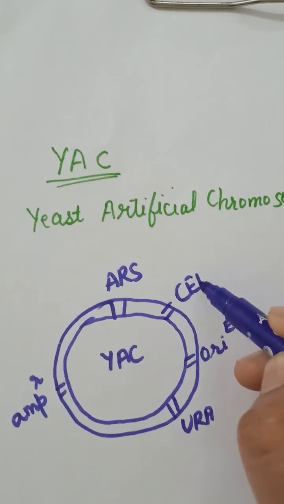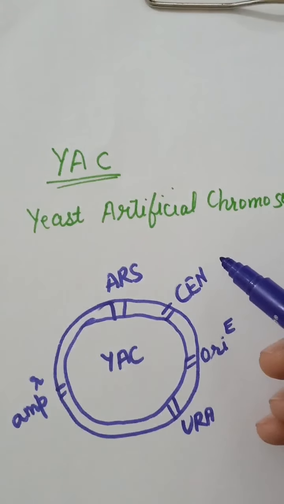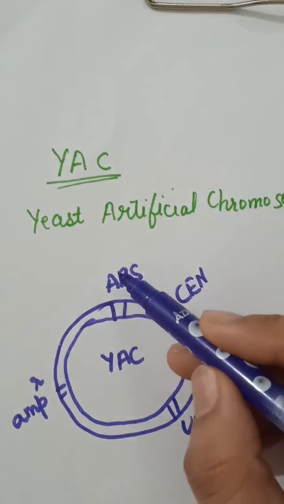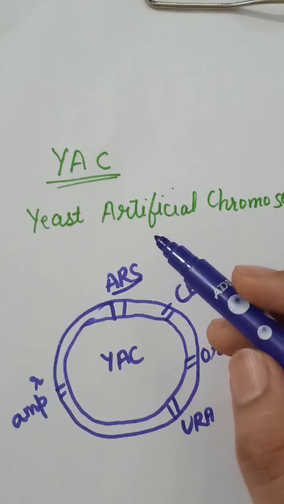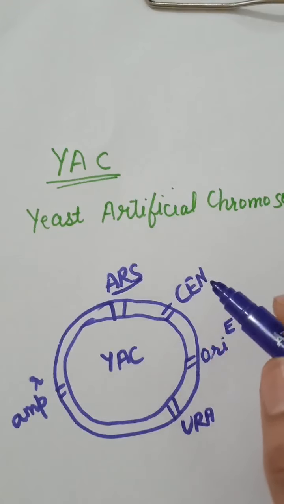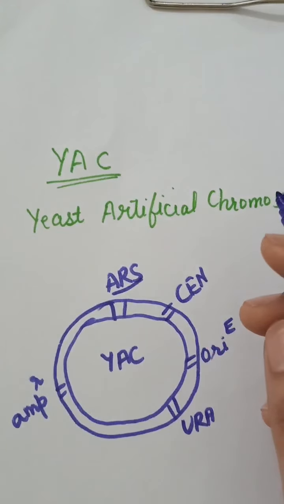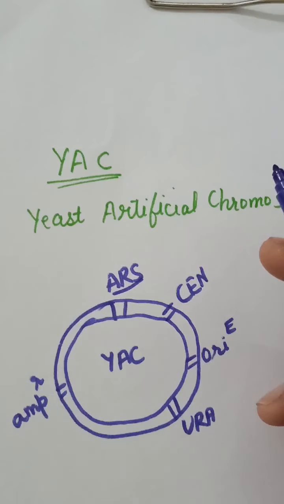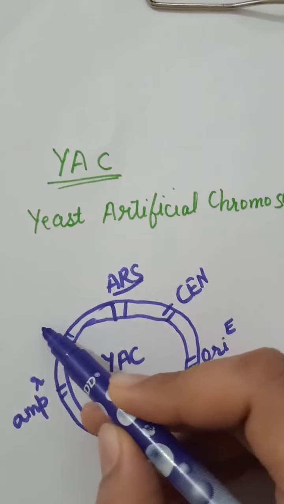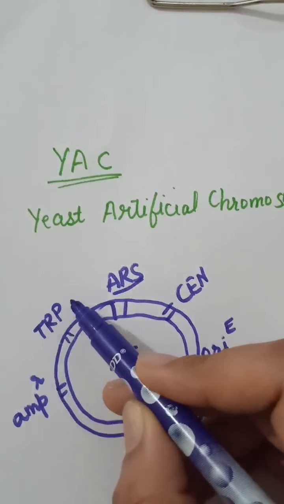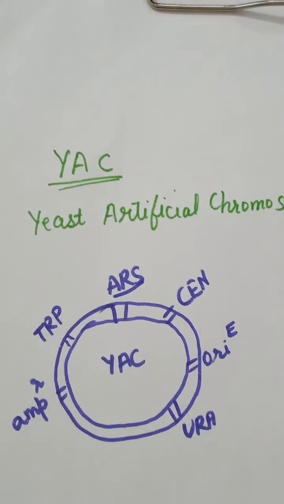They provide centromeric function. Autonomous replication sequences, ARS, are also present in this yeast artificial chromosome. Genes for tryptophan synthesis, tryptophan being an amino acid, are also present in this particular vector.